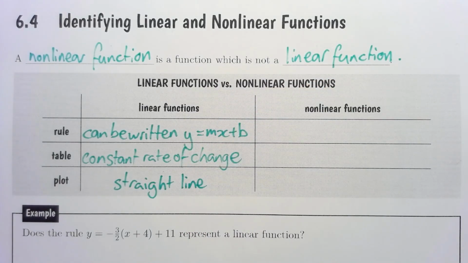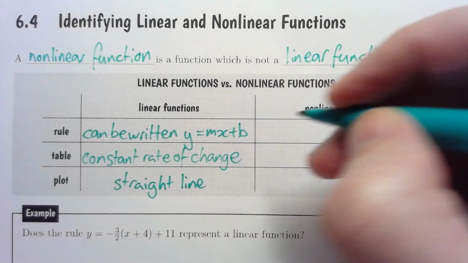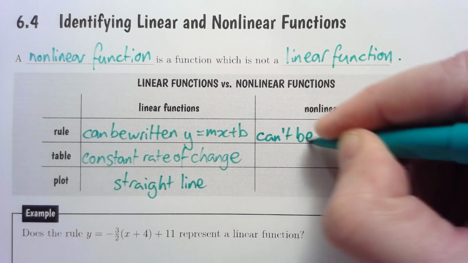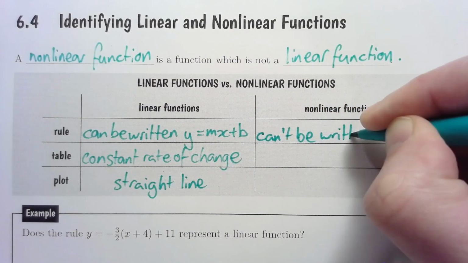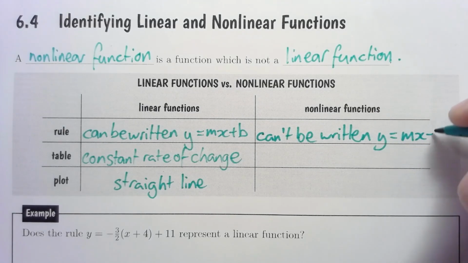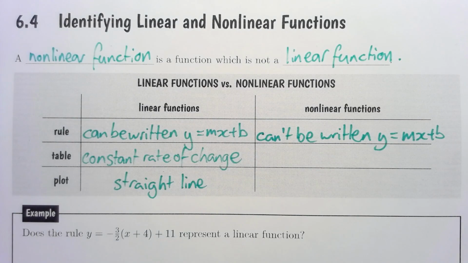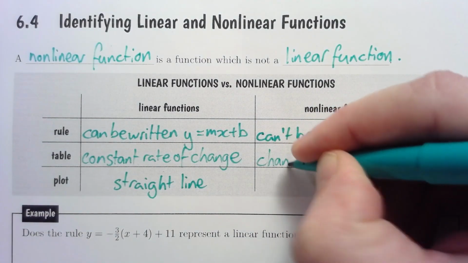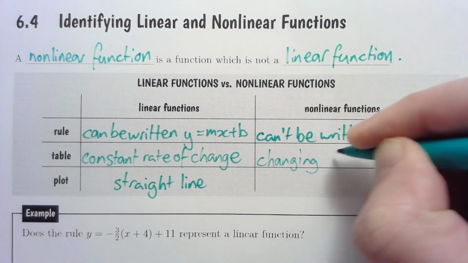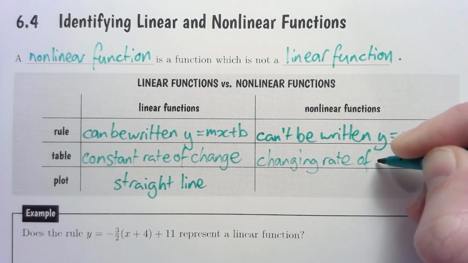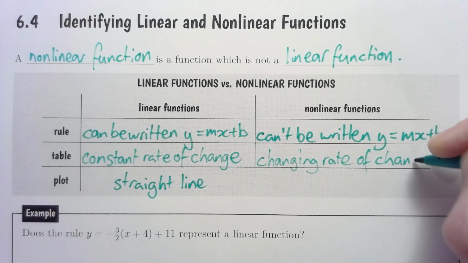Now, nonlinear functions are exactly the opposite of this. So a nonlinear function, no matter how hard you try, you won't be able to write it using our general form for a linear function, y equals mx plus b. For the table, we won't have that constant rate of change. And that's not saying you won't have some entries of the table where the rate of change stays the same.